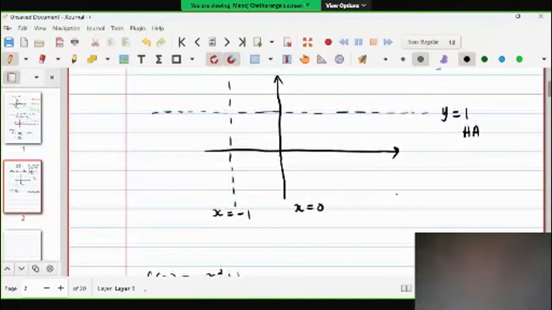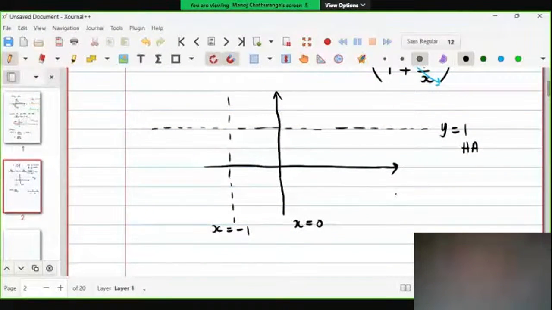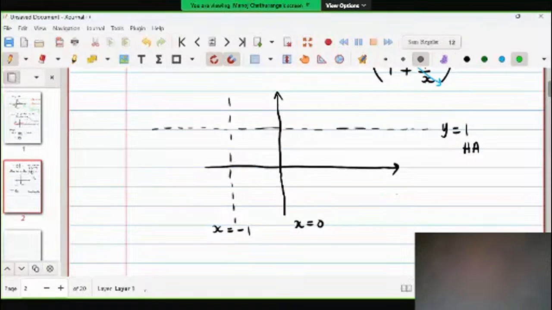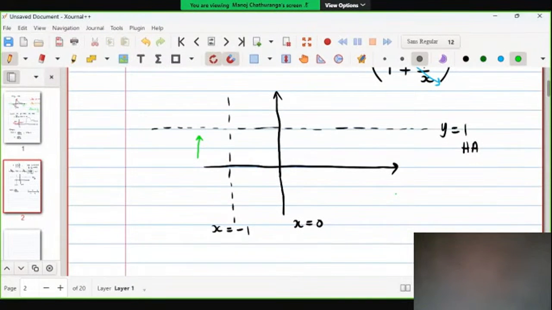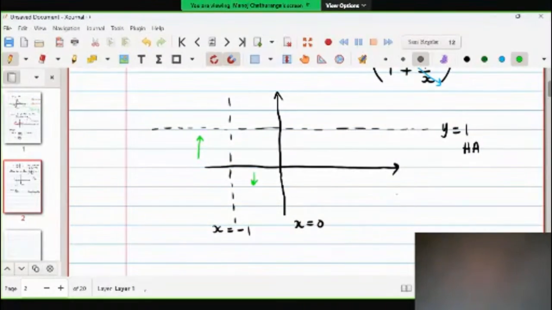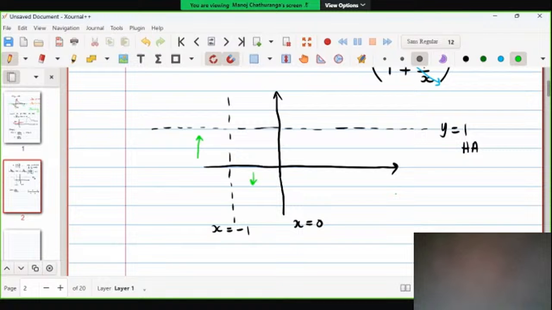So that means below -1, the graph lies above the x-axis. Between -1 and 0, the graph lies below the x-axis. And after 0, the graph lies above the x-axis.